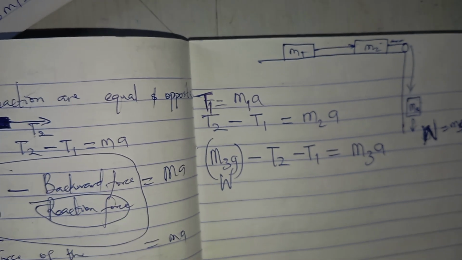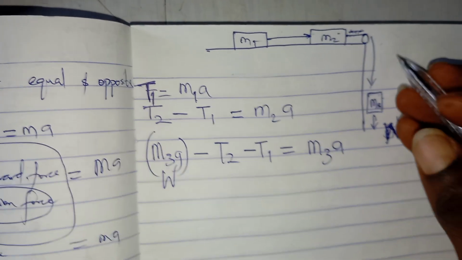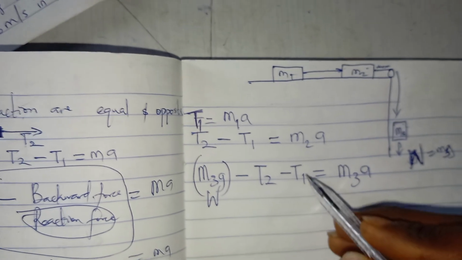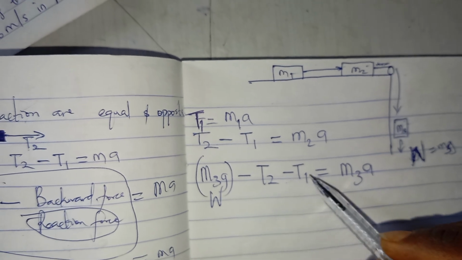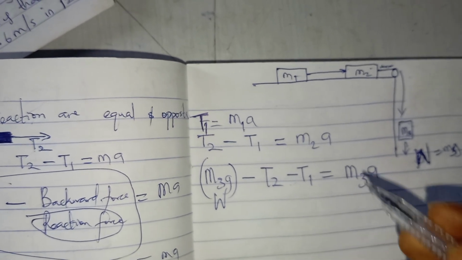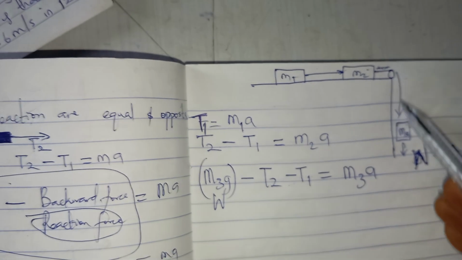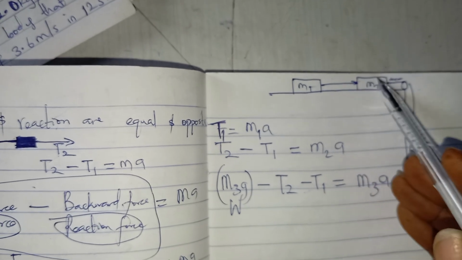So if I know this, all right. Notice what I did here. This force, as it's going this way, the one dragging it back is the weight of this one.